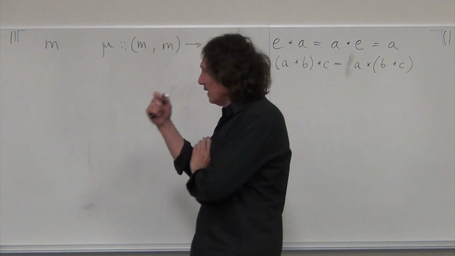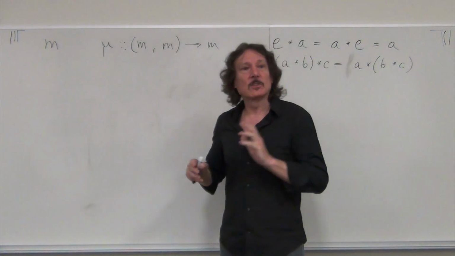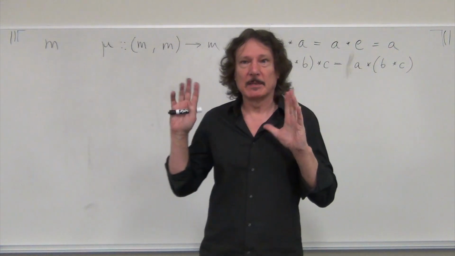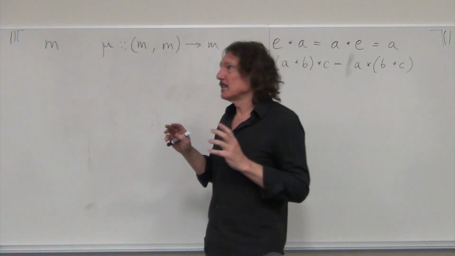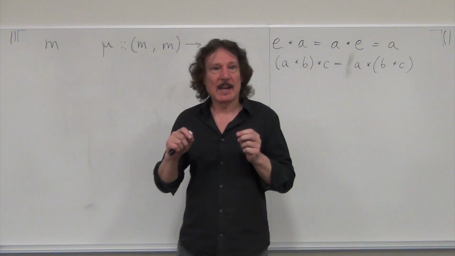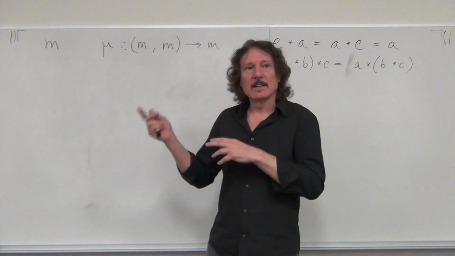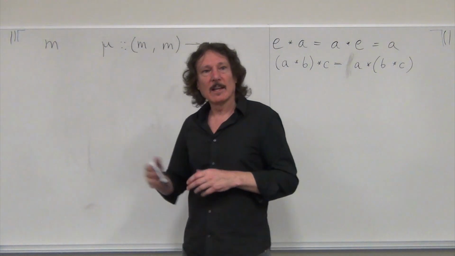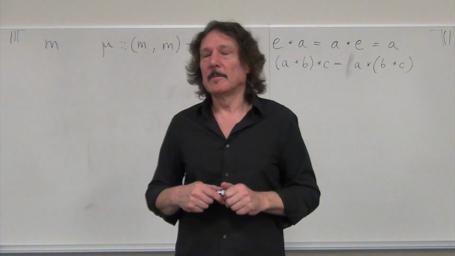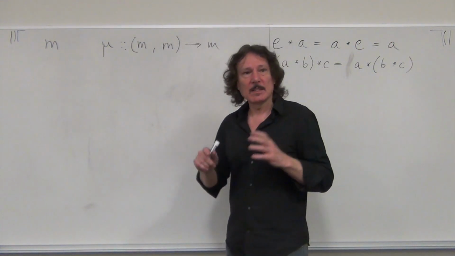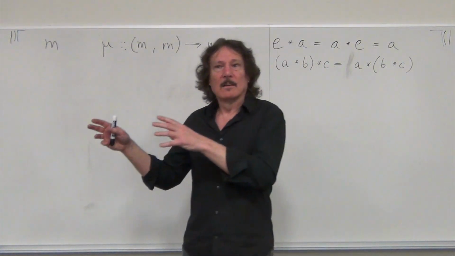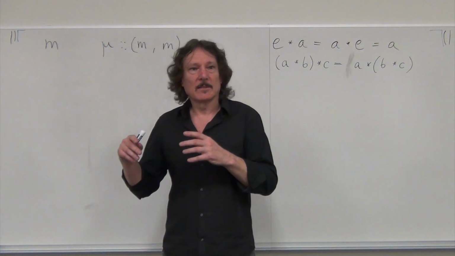So we can think of this as a two-step process. This multiplication, right? Multiplication is like first we pick a pair. And then we assign to this pair an element of the set. And it could be that multiple pairs are assigned to the same element, right?